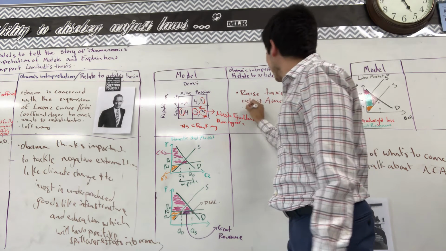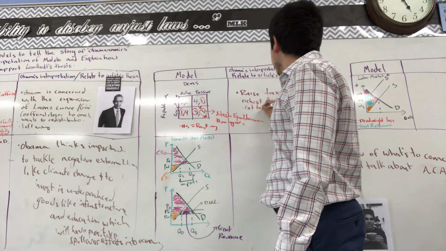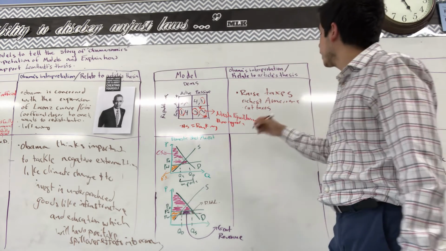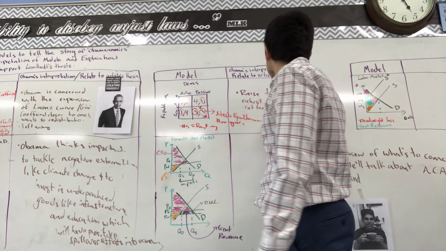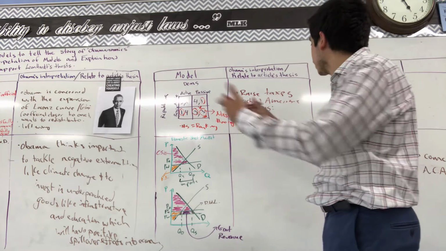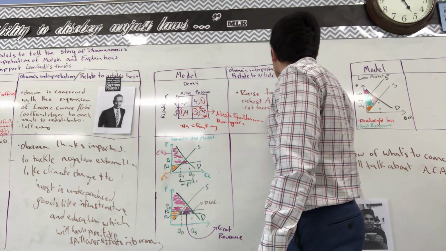And actually cut taxes, and he ended up doing that because we were in a financial crisis too, so there's a macroeconomic argument why you would want to cut taxes on everyone else.